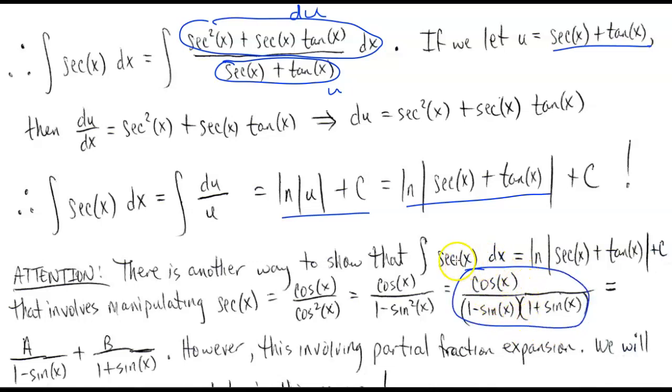And by doing what's called partial fraction expansion, we could take this quotient and write it as the sum of two different quotients. Partial fraction expansion gives us a method to find out what A and B are. And then from that, we could move forward and figure out the antiderivative of each of those expressions separately with the A and the B in it. And then from that, we would back into this particular answer here.